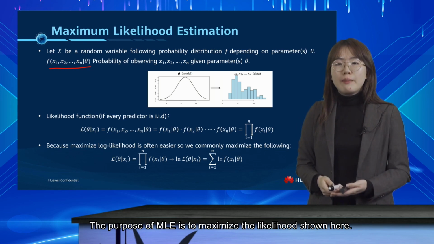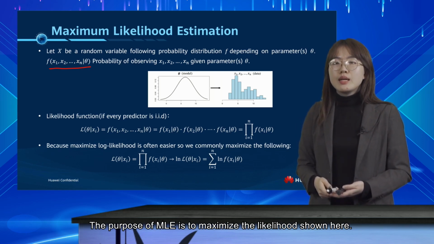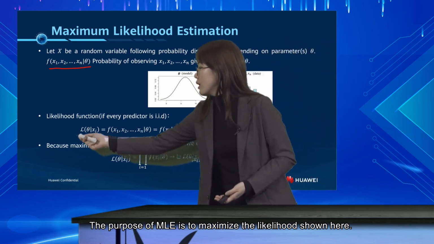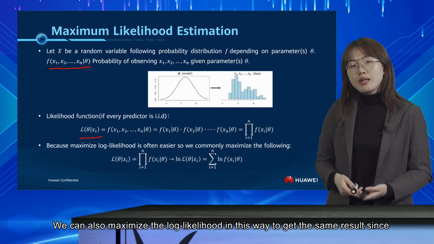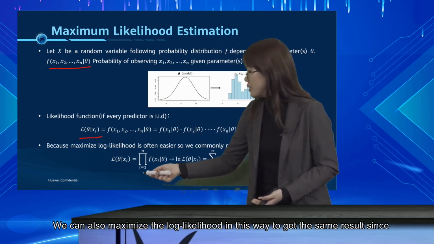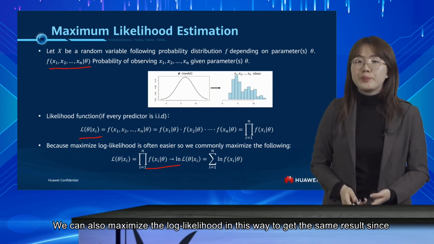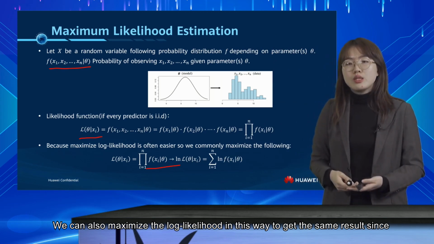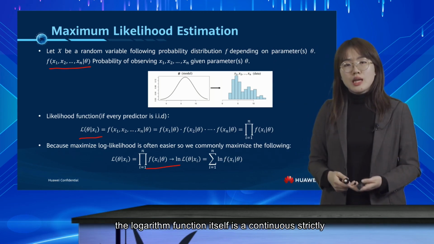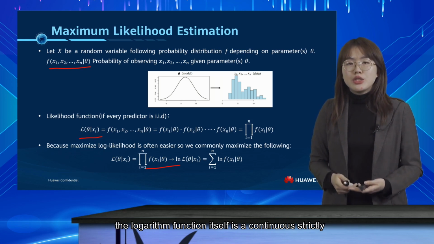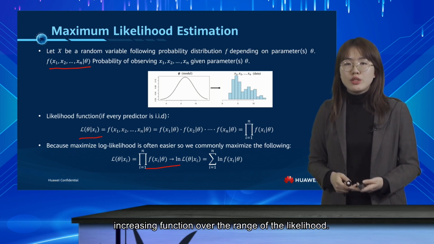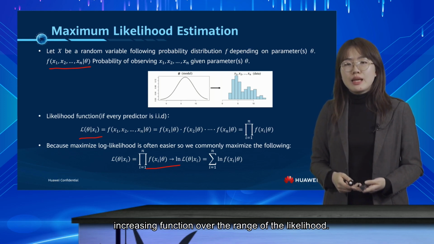The purpose of MLE is to maximize the likelihood shown here. We can also maximize the log likelihood in this way to get the same result, since the logarithm function itself is a continuous, strictly increasing function over the range of the likelihood.